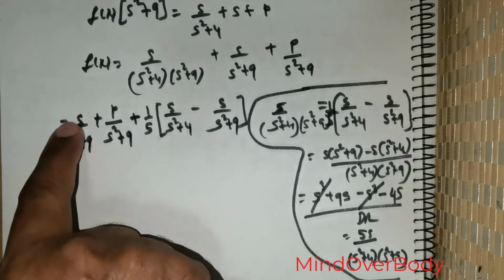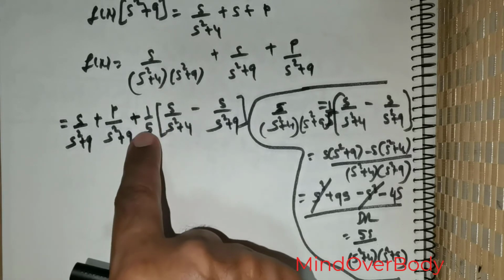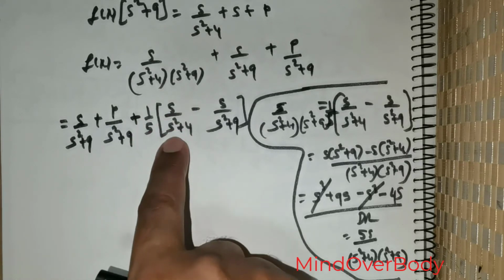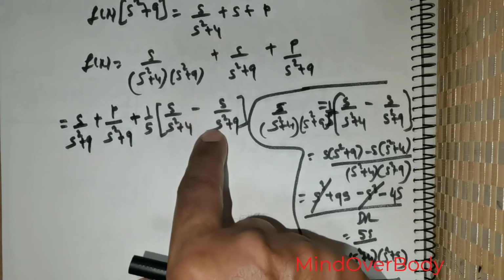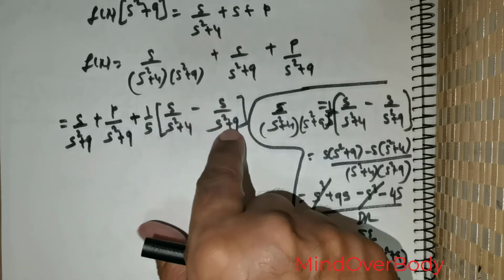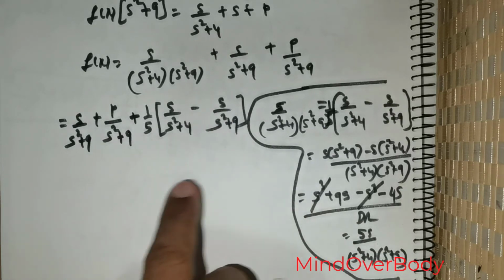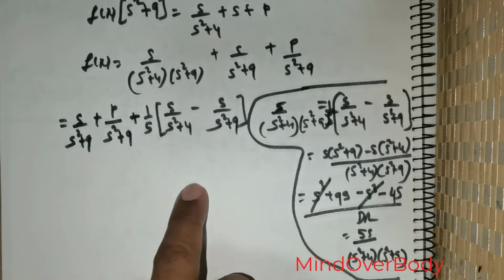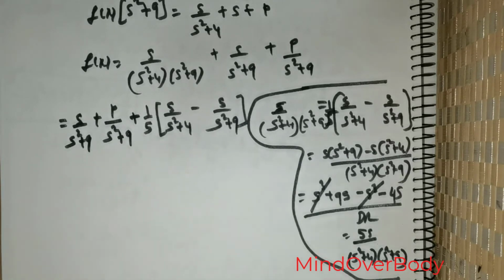Now clearly you've got s divided by s squared positive 9, and then 1 over 5 of s divided by s squared positive 4, and then negative 1 over 5 times s divided by s squared positive 9. So we can do some clubbing and simplify them.